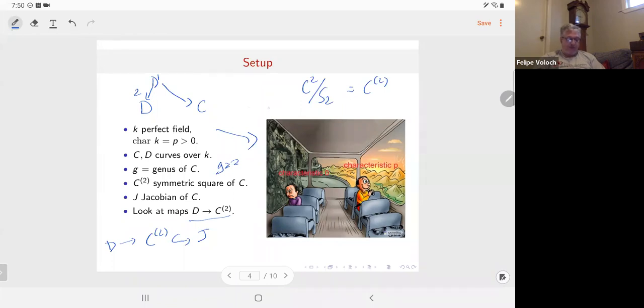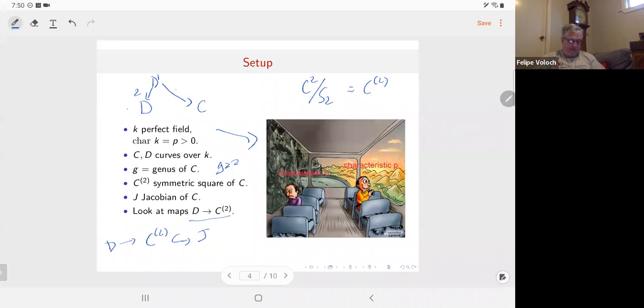So a map from D to C2 can be viewed as something like this: a curve D and a double cover D prime of D, and a map from D prime to C. Because the map on the left is a double cover, it's Galois, so there is an involution sigma that swaps the sheets of the map D prime to D.